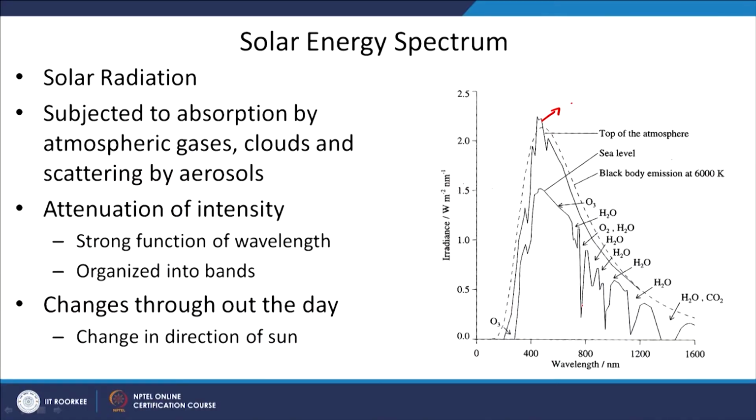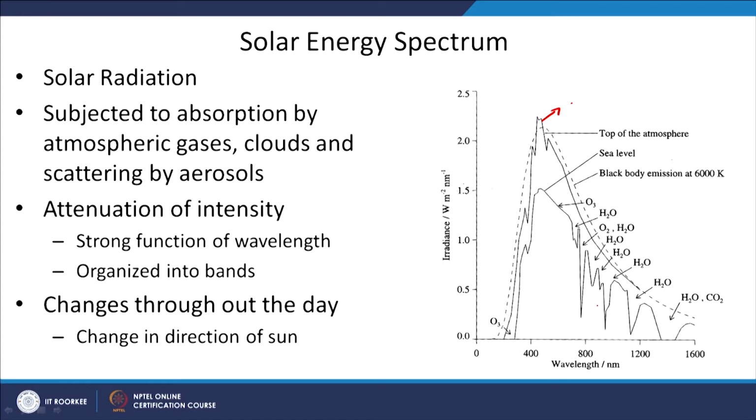However, when the sun radiation reaches the surface of the earth, it looks very different. If you look at the two spectra, one at the top of the atmosphere and one at the surface of the earth, they look very different. The spectrum at the earth surface has much less intensity, but the intensity has decreased unevenly.